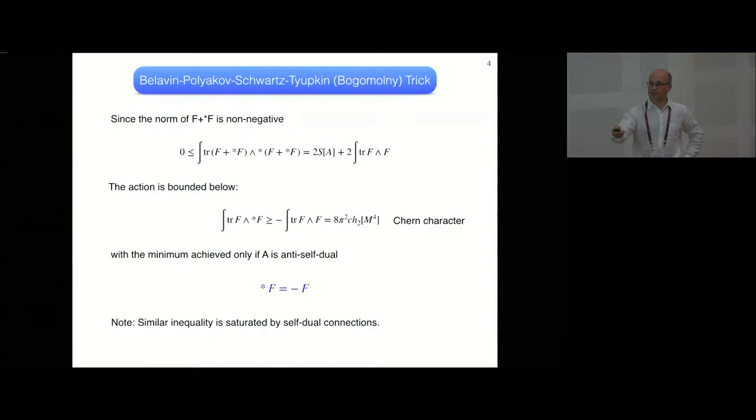And this minimum clearly is achieved only when the norm of this expression is 0, and that means this expression vanishes, so the field is anti-self-dual. Clearly, if you change the sign here to a minus, you get a very similar argument for self-dual connections. So self-dual or anti-self-dual connections saturate this bound and give minima of the action.